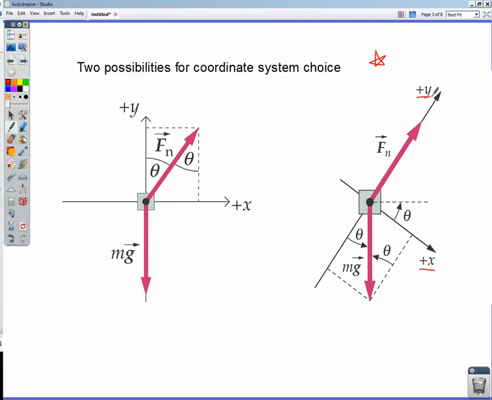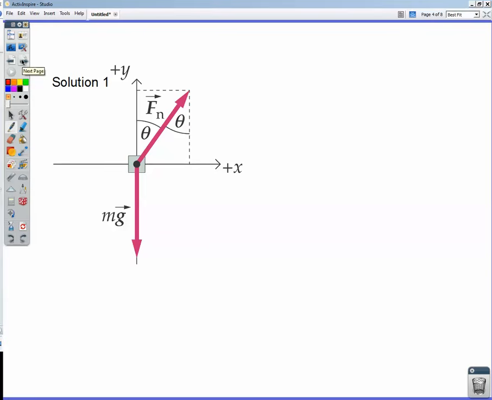The other option is we keep our coordinate system classically, where x is straight horizontal and y is straight vertical. And we're going to take a look at solutions to this problem either way, and you can choose which one you like. I don't think the problems really are any easier or more difficult depending on the choice of the coordinate system. So let's take a look at solution 1.